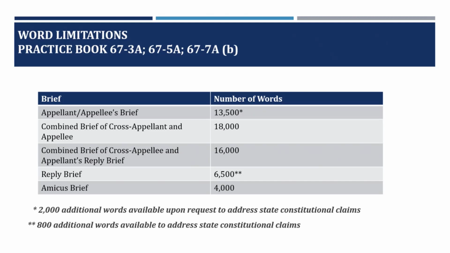A little practice tips with respect to dealing with word counts versus page limits. In a word count, make the table of authorities your friend. So do not put in all of the subsequent appellate history or put in multiple reporters, because every single cite will have 4 or 5, 6 extra words to it.